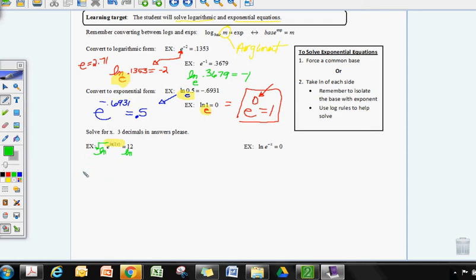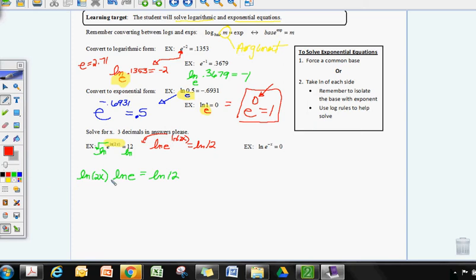When I do that, remember the rule from 2 days ago: the exponent, natural log of 2x, comes out in front, and then I'm left with the natural log of e, which would equal the natural log of 12. If you wanted me to rewrite it, it would have looked like the natural log of e raised to the natural log of 2x power equals natural log of 12. I skipped that step and went straight to this because all that does is come out in front.